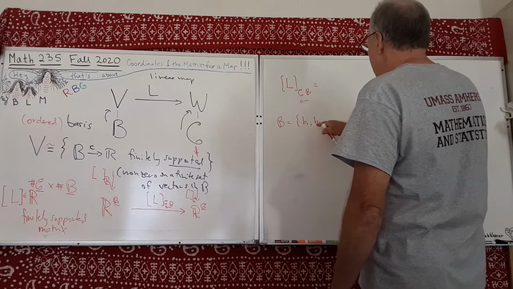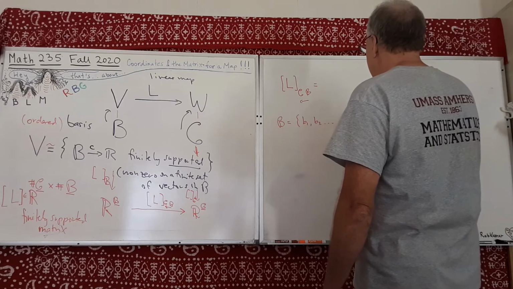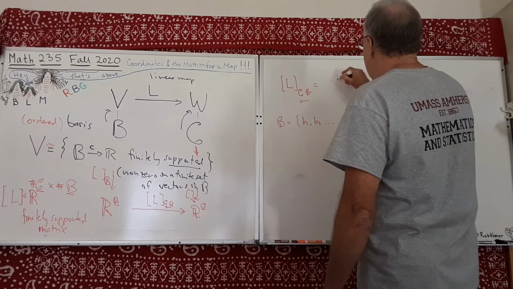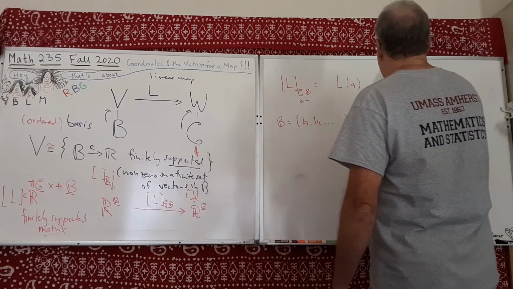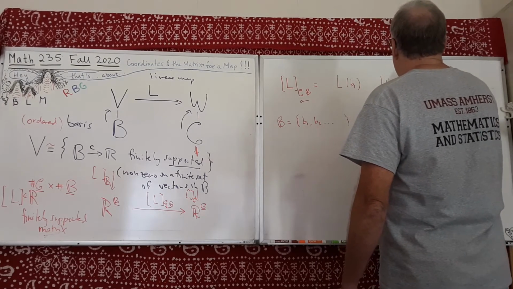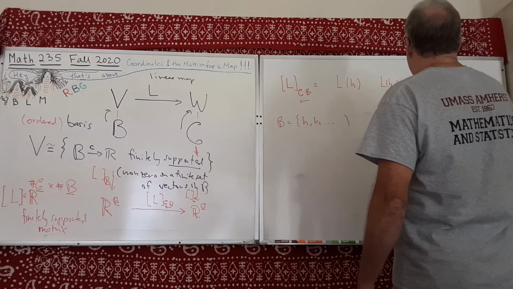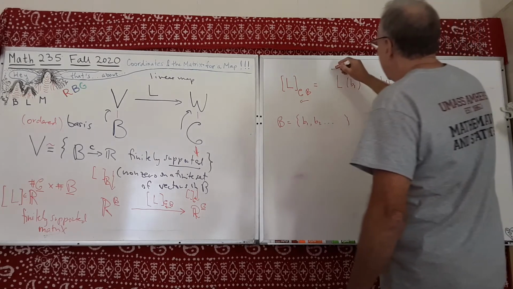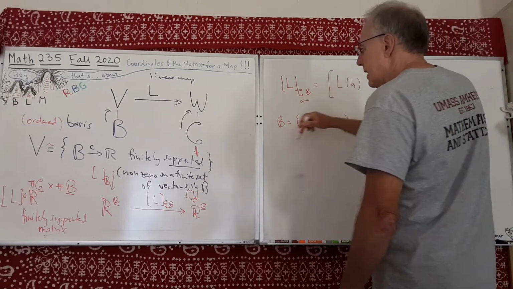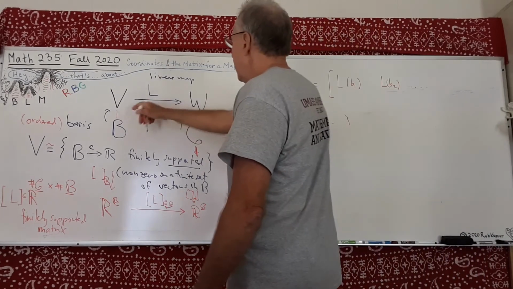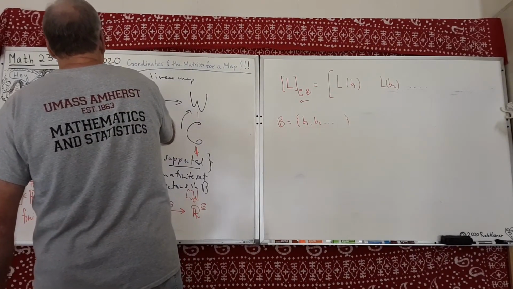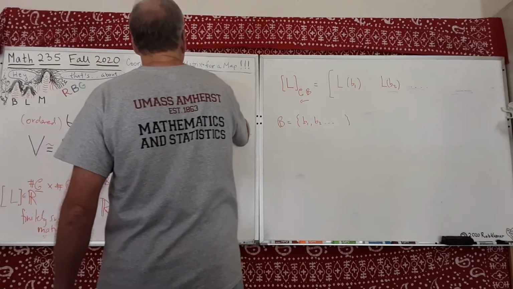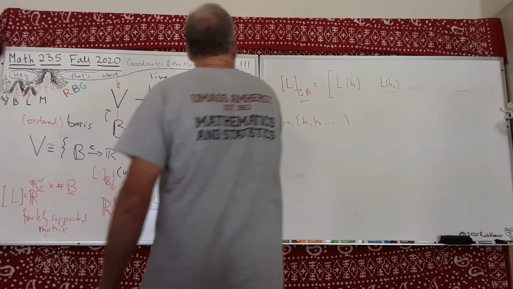Okay, but I take this ordered basis, and I take L of B1, L of B2, and so forth. And then so that's an element. I take a B in here. These B's live in here. And then L of B lives over here. It's a linear map.